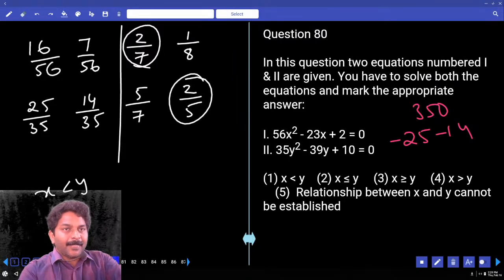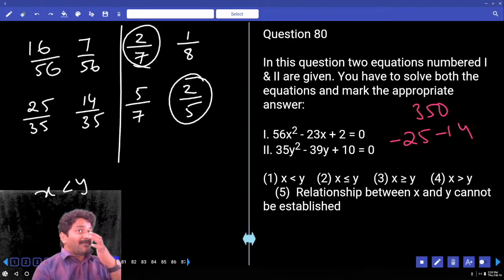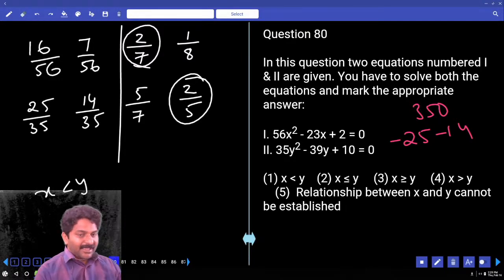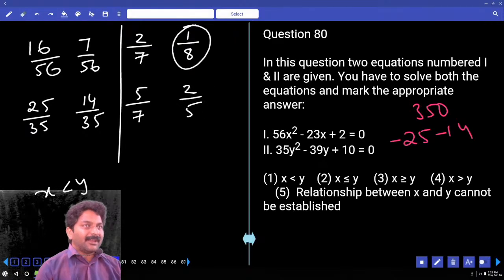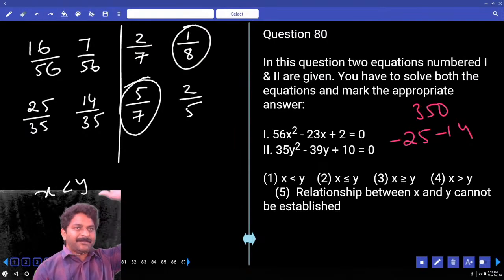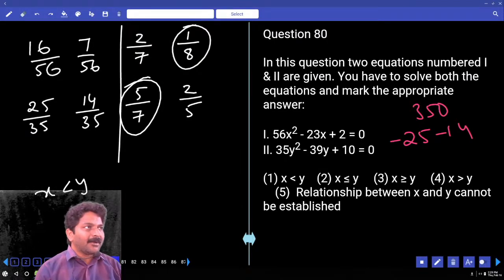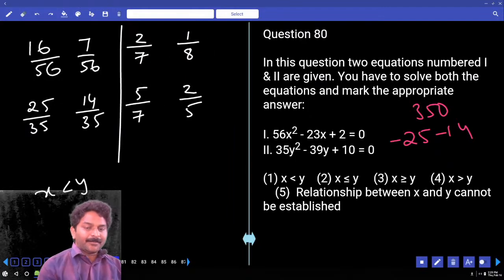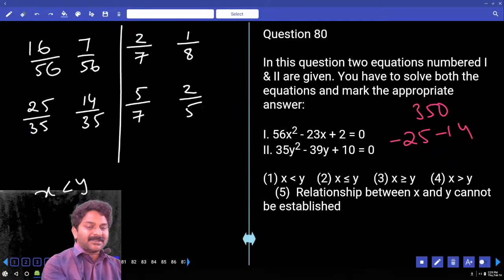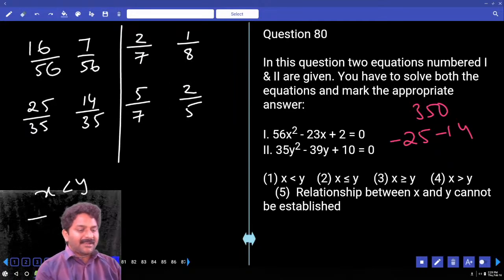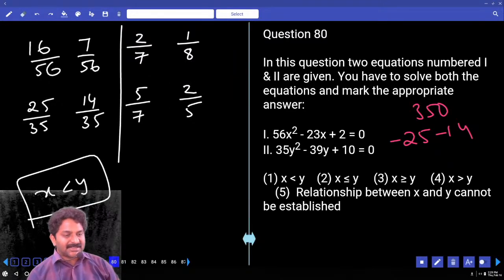Numerators are same. If the denominator is more, value is less. Denominator more, value is less. Again x less than y. 1 by 8, 12.5%. 5 by 7 would be definitely 60% something. X less than y. 2 by 5, 40%. 1 by 8, 12.5%. Again, x less than y. Only one condition, x less than y.